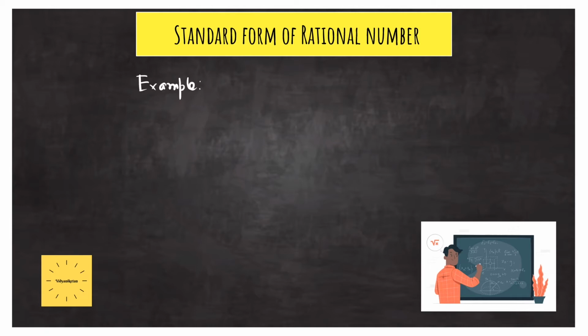So let us take one example. Number 1, 5 by 15, then 6 by minus 7, then 9 by 20. These are rational numbers. All are rational numbers.